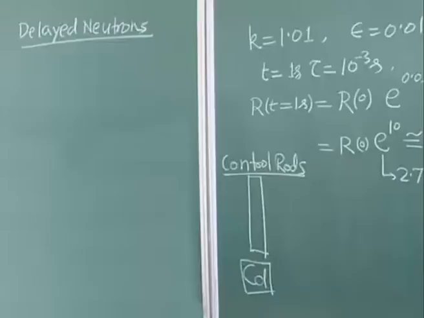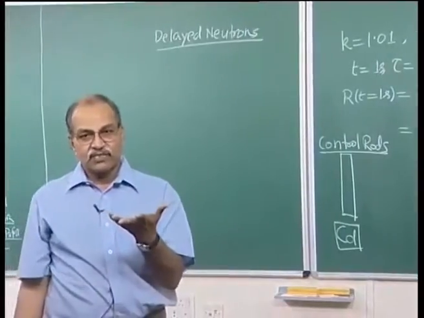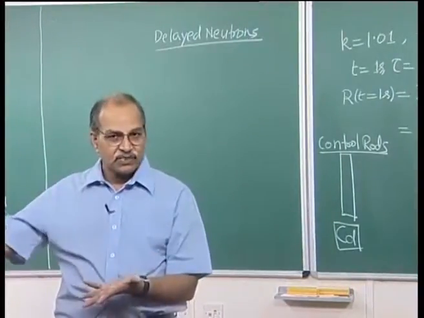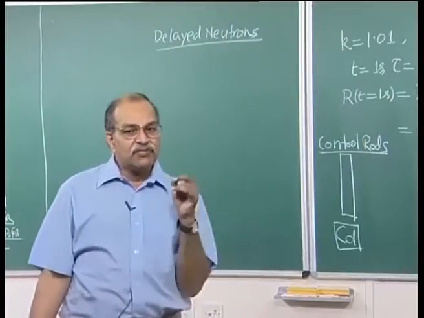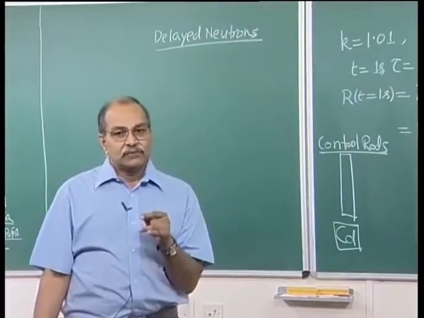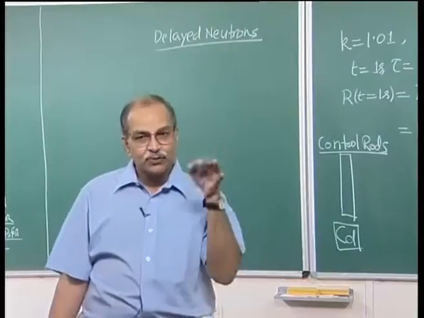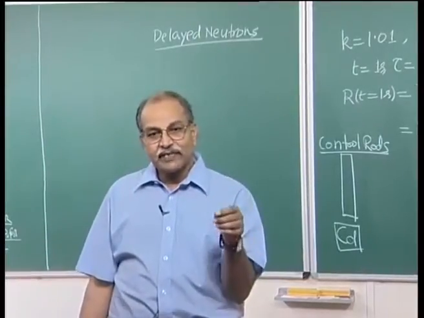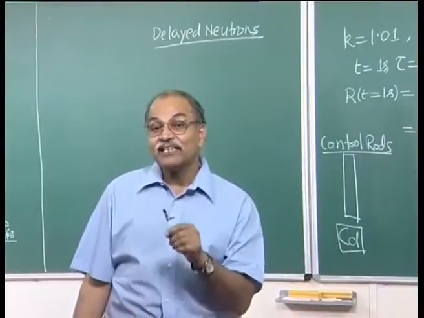In a fission reaction, some neutrons are immediately emitted, those are known as prompt neutrons, and we talked about prompt neutrons in the four factor formula and all that. But then some of these fission fragments emit beta rays to reduce their N by Z ratio, and the product nucleus of this beta reaction emits a neutron.